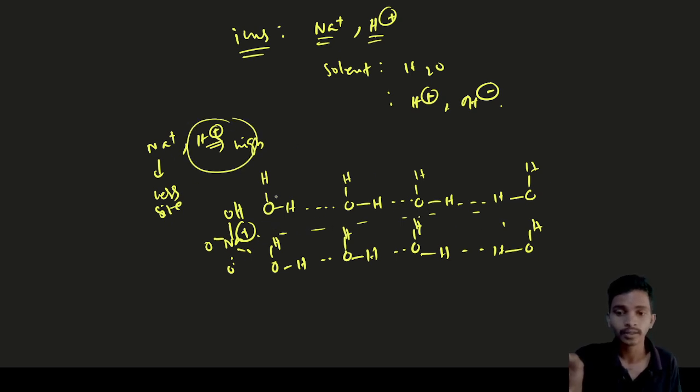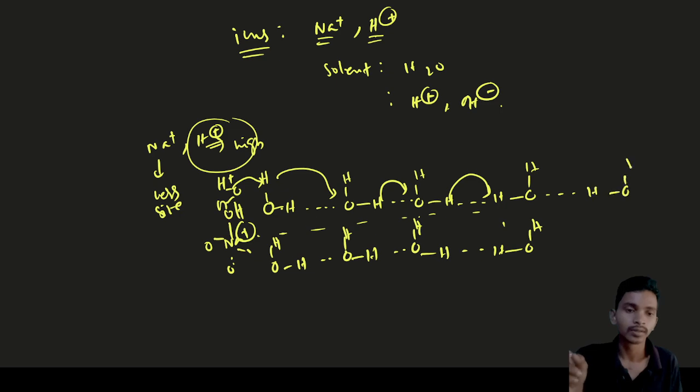For H plus, with water molecules there being the same as this, it only has to jump. This will jump here, and this will jump here, and this will jump here.